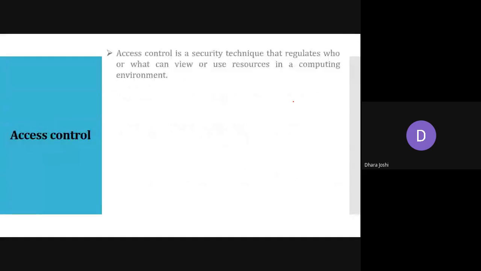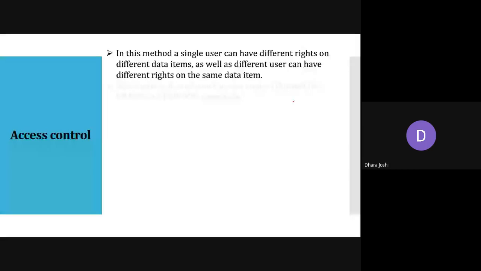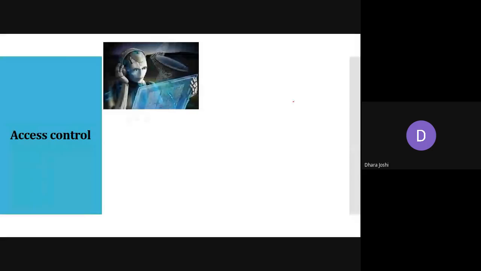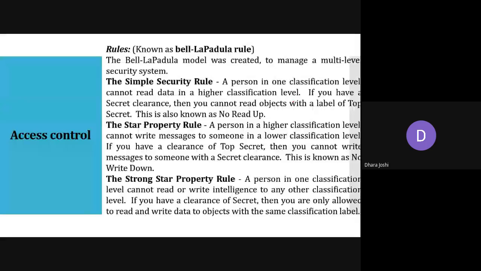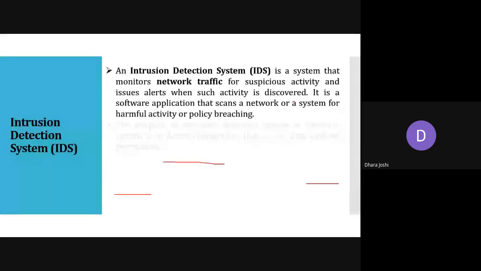Access control, three types we have studied: discretionary with grant and revoke syntax, mandatory access control, role based, and how role based is different from attribute based. Then we have studied what is an intrusion detection system.